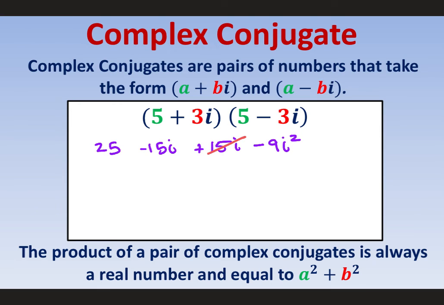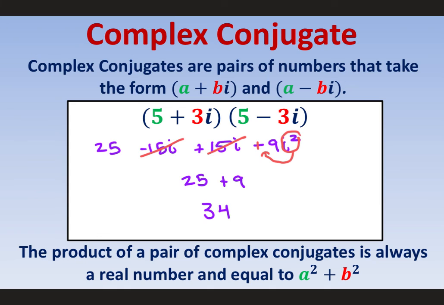Positive 15i and negative 15i cancel each other out. i squared becomes a negative 1, which turns this negative in front into a positive. So we're left with just 25 plus 9. 25 plus 9 is 34, which is no longer a complex or imaginary number. It is now a real number.